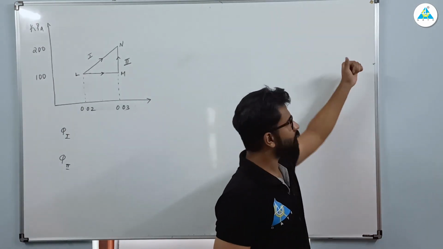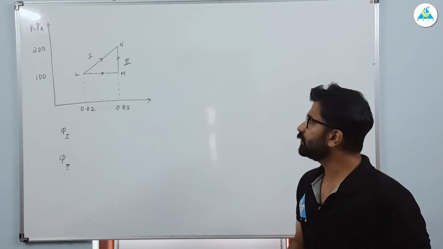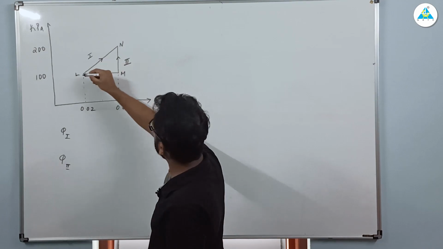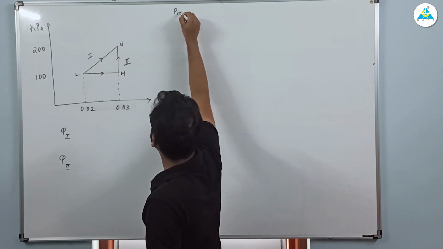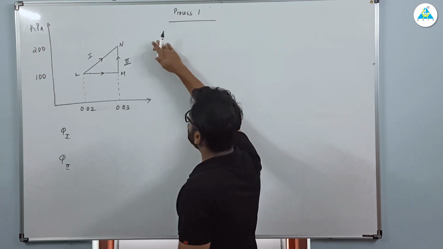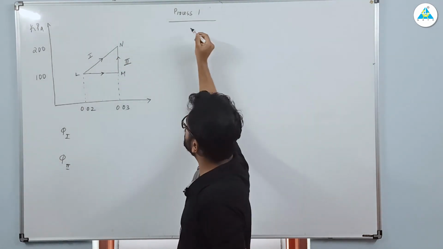First of all, what to do? We'll apply the first law equation here. It's a closed system, so we can apply the first law equation. For process 1, which is L to N, what will be my first law?